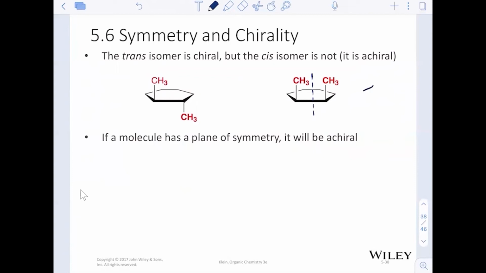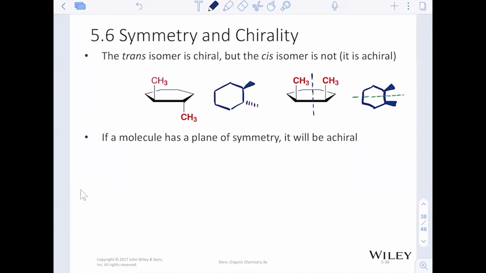You can also see it in the skeletal structure. That plane of symmetry, I call this the taco. Think about folding it in half like a taco shell. That plane of symmetry creates an achiral molecule.